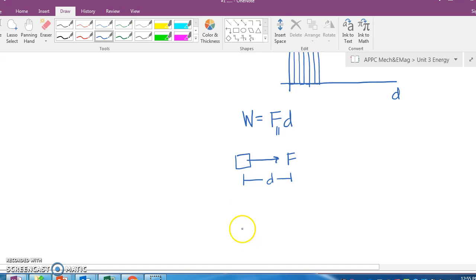Now what if instead of, here's the box, here's the force, now it's not horizontal, it's at an angle. Does that whole force do work? If I pull it horizontally, so like I'm pulling a wagon, is some of the force holding it up and some of it pulling it over?